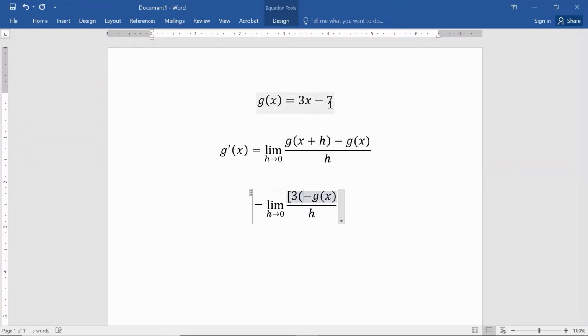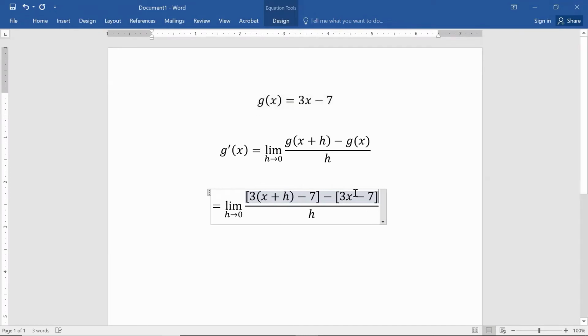So 3 times x plus h minus 7 is what we get when we plug in the x plus h into the 3x minus 7. And then in for g of x, we type in 3x minus 7. And then it's a matter of algebraically simplifying from here.